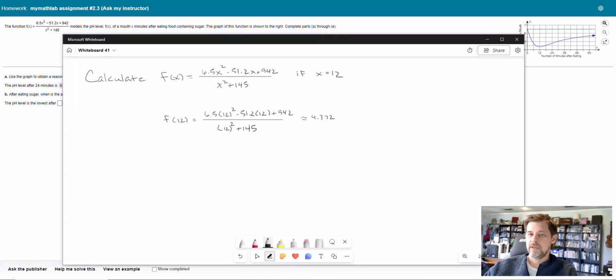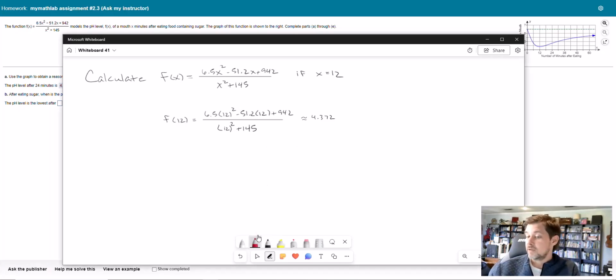Okay, so now I have my writing tablet up. As I mentioned, I identified 12 as the x value of interest on the graph, and I just need to figure out what this function is when x is 12. Here's what that would be. Notice I just put 12 in for the x, and it's a matter of calculating. I used my handheld calculator.